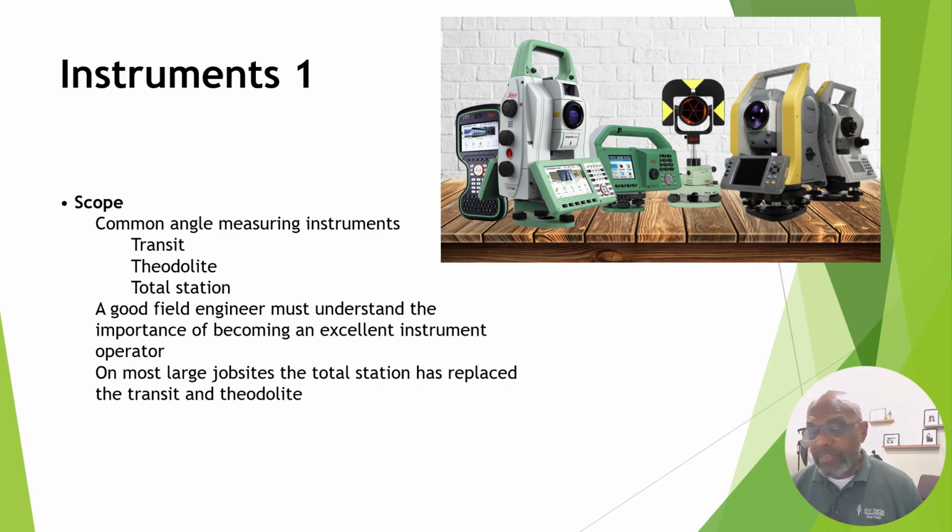The transit was the original angle measurement instrument and was a highly sophisticated instrument when it was developed. It has since been refined by the optical theodolite first, and then now by the total station.